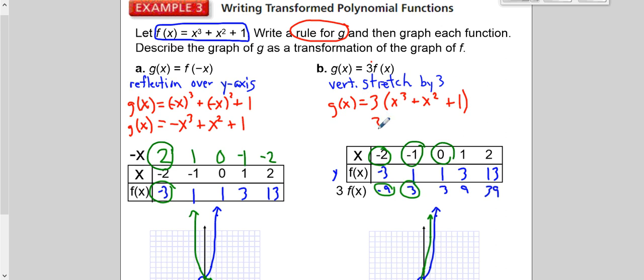We have to get rid of those parentheses. So distribute, multiplying by 3. Now that we have an equation, it's easier to even check our graphs. We can put this equation into Desmos and the original f of x and compare. And that's example 3.